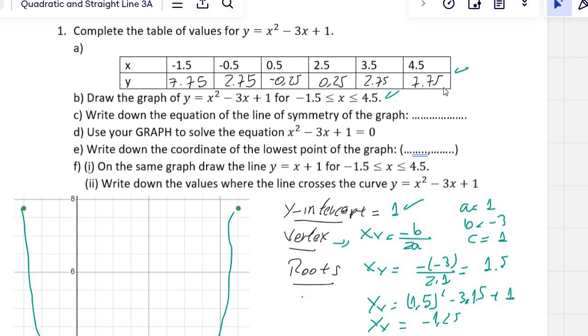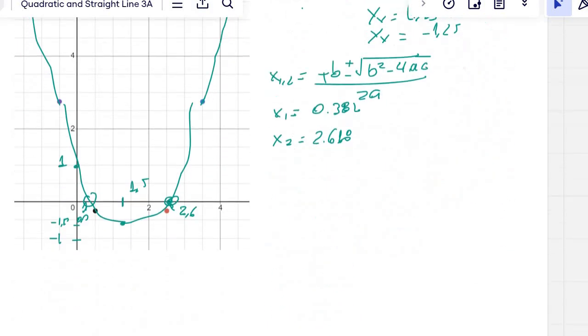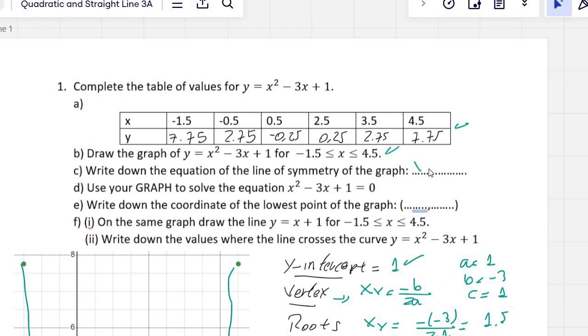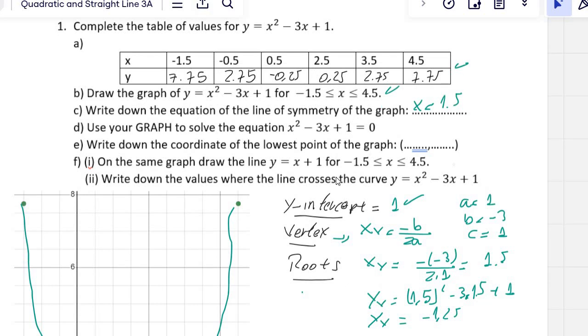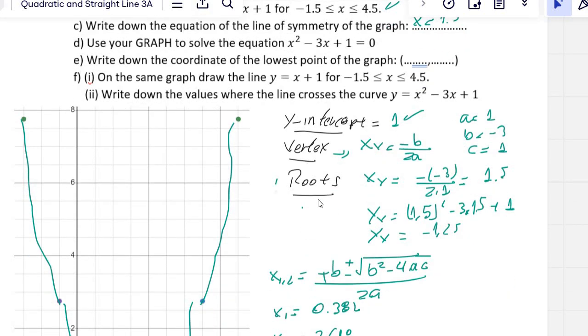Write down the equation of the line of symmetry. The line of symmetry is x equals the value of the x vertex, which is 1.5. So the line of symmetry is x equals 1.5. Use your graph to solve the equation. We have done it when we did the roots.